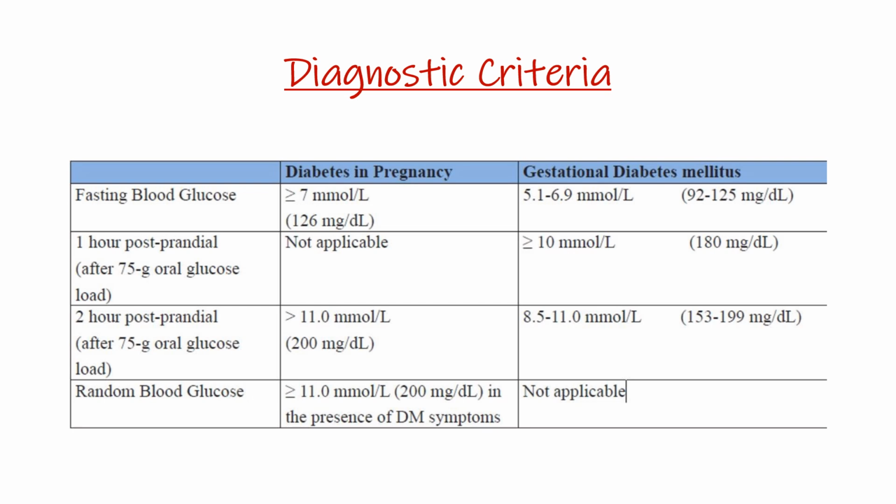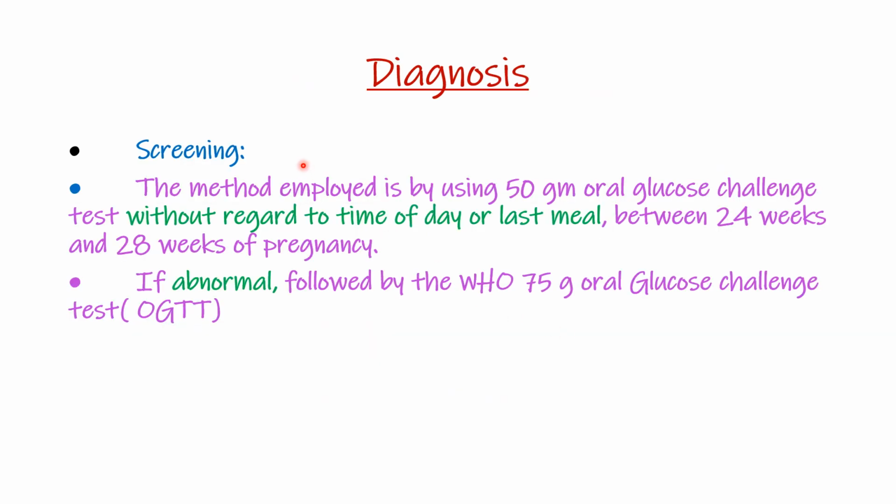So in terms of screening, that's what you do. You give the 75 gram oral glucose tolerance test in a patient who has fasted 8 hours, and then record the 1 hour and 2 hour values, including the fasting glucose. So as I was saying before, there are two types of screening.